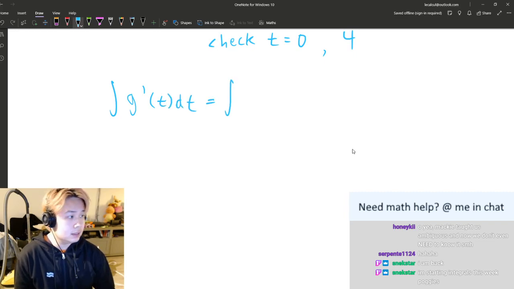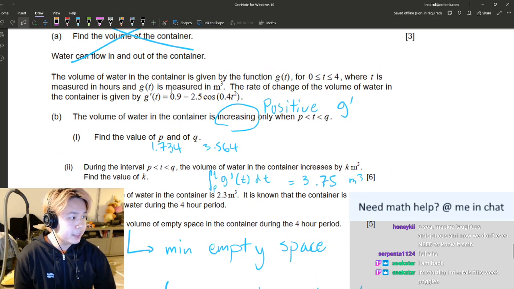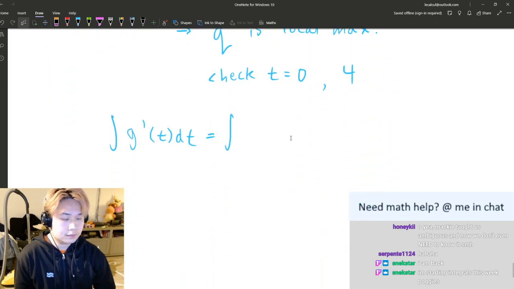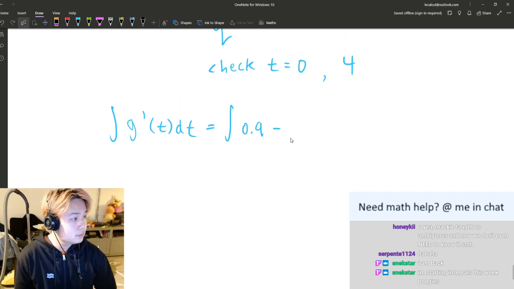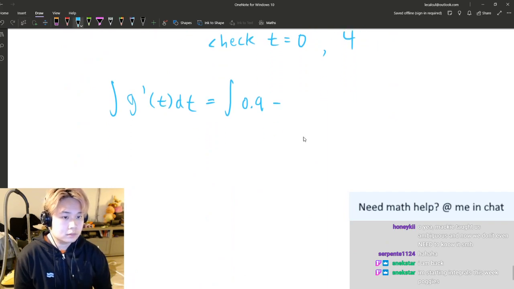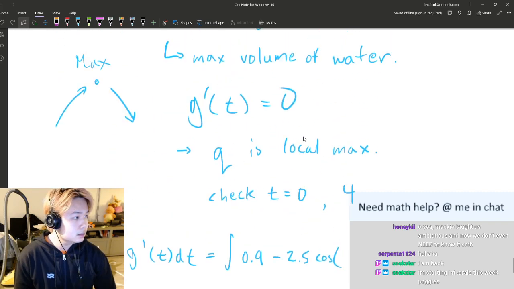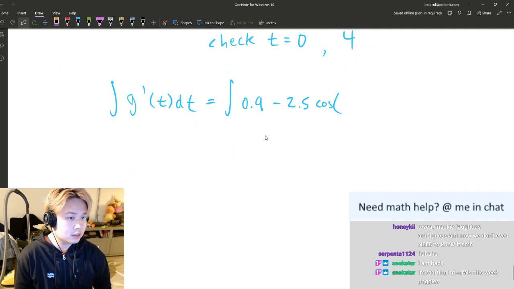So this is the integral of 0.9 minus 2.5 cosine of 0.04 t squared.